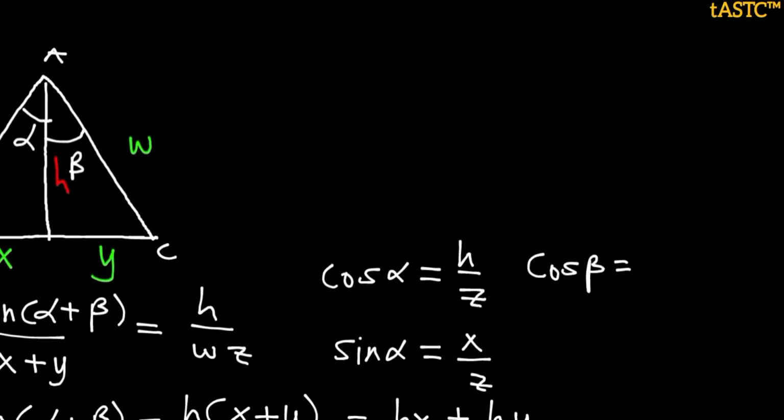So we know cos is adjacent divided by the hypotenuse. The adjacent to it is H, divided by the hypotenuse, which is W. And here we have sine beta. This is the opposite, which is Y, divided by the hypotenuse, which is W.